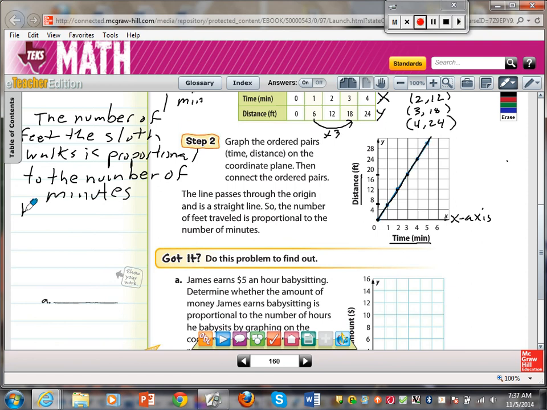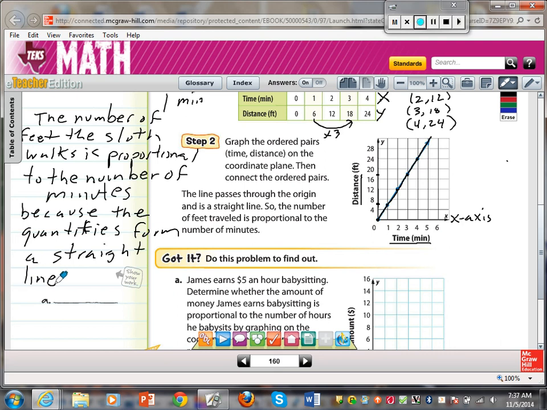So you would put, because the quantities form a straight line from the origin. Okay, so this is another way.